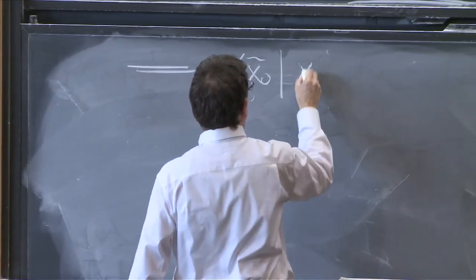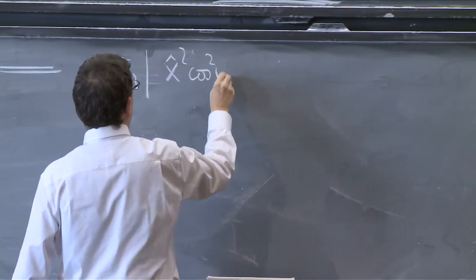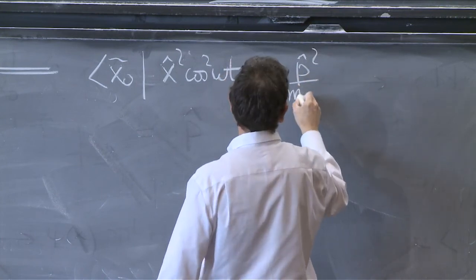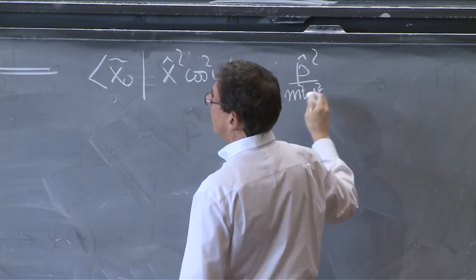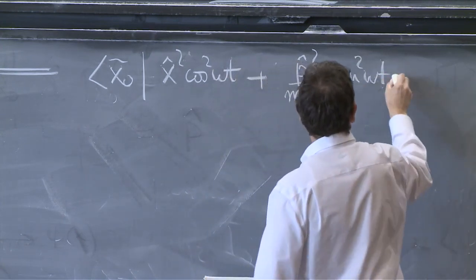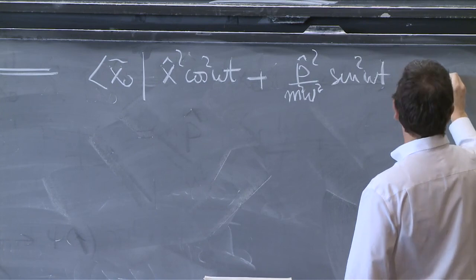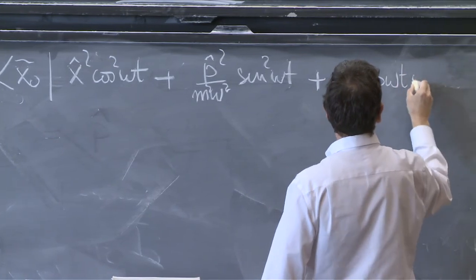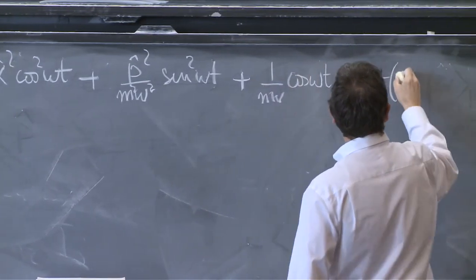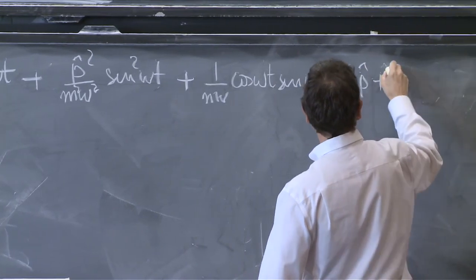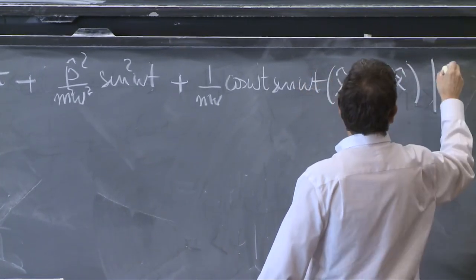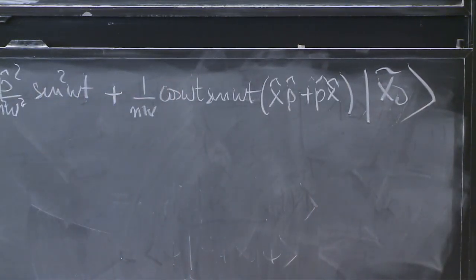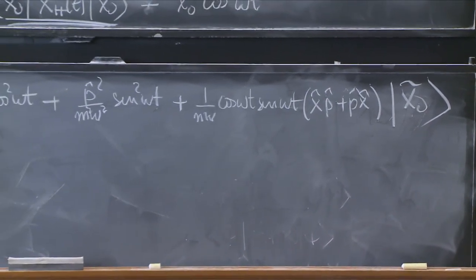So let's do it. x squared cosine squared omega t plus p hat squared over m squared omega squared sine squared omega t plus 1 over m omega cosine omega t sine omega t times xp plus px, x0 tilde. That's just that term, and I just squared that thing.